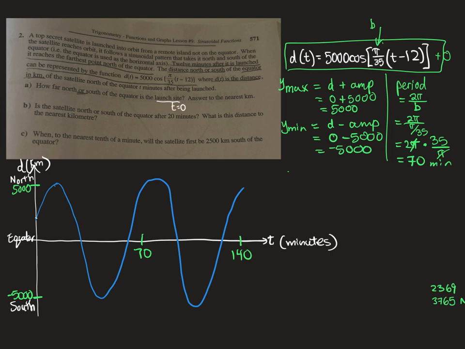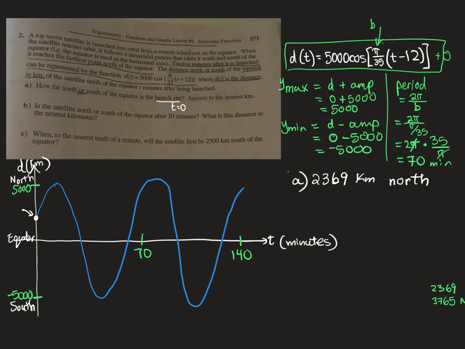So we're looking for this point on the graph. And you could get that by just going trace and typing 0. And you should get, so the answer to A should be 2369 kilometers to the nearest kilometer. And that would be north, because they said how far north or south.